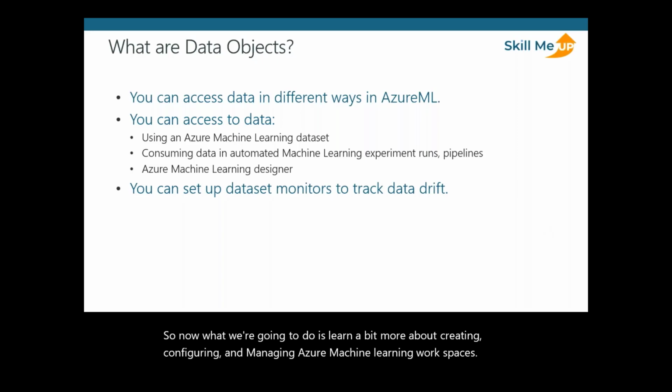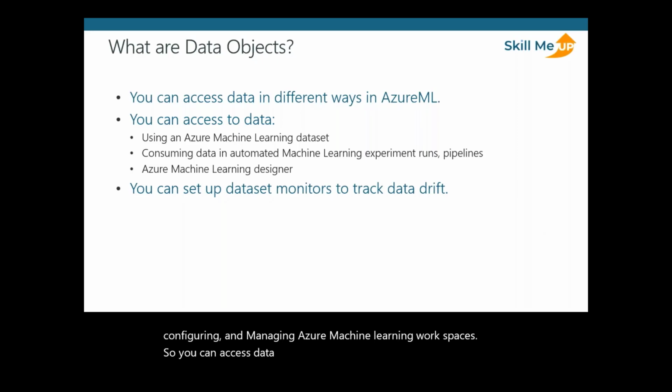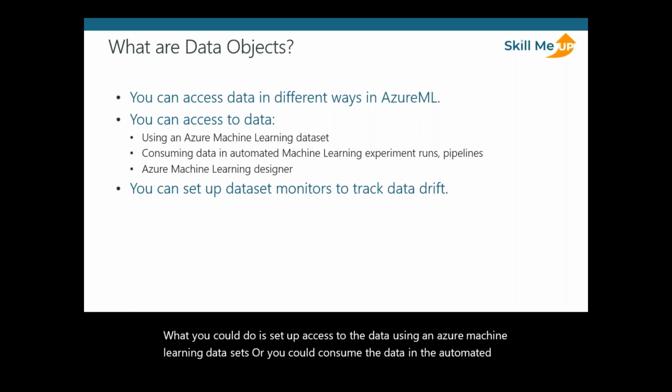So you can access data in different ways using Azure machine learning. What you could do is set up access to the data using an Azure machine learning dataset. Or you could consume the data in the automated machine learning experiment runs.